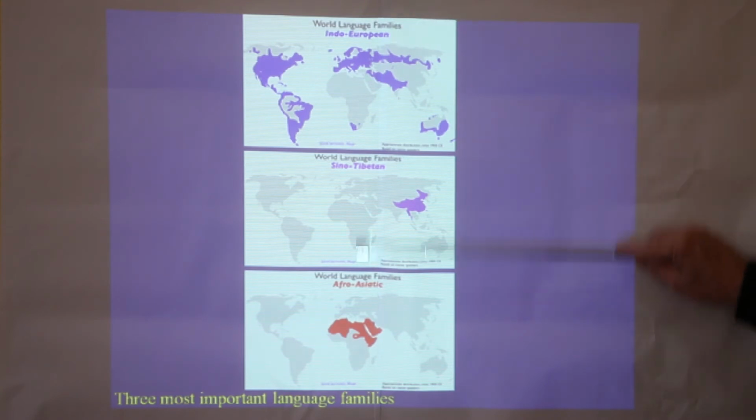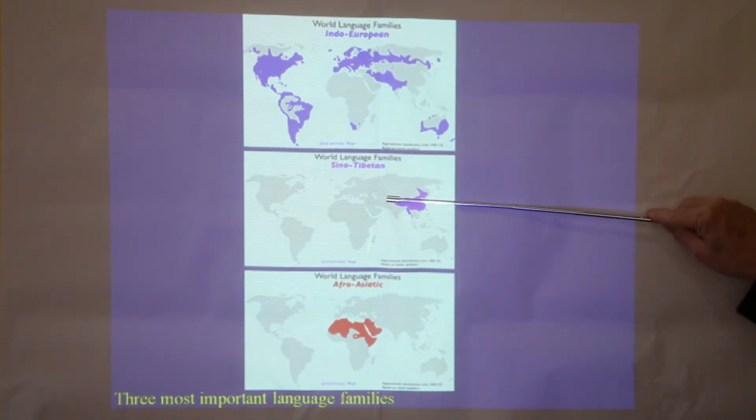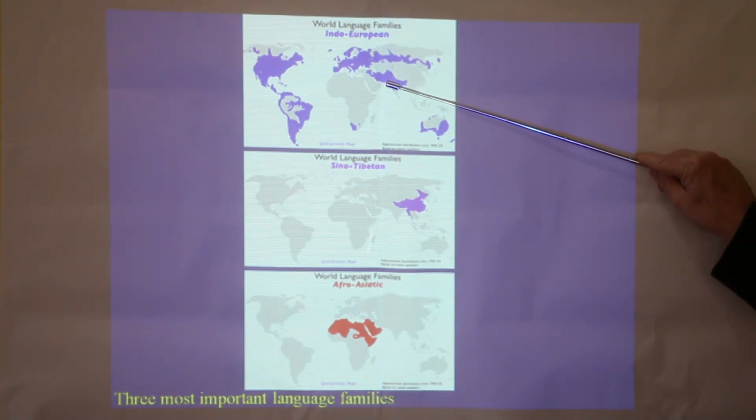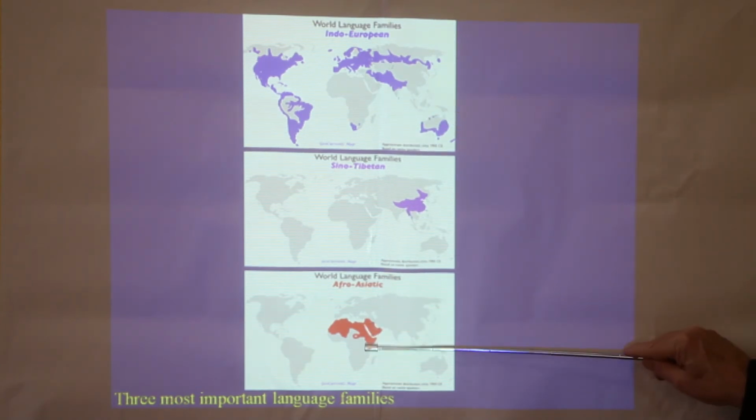Well, the big picture is that there are 10 to 15 world language families. There are only 3 important ones: Indo-European, Sino-Tibetan, Afro-Asiatic. Basically, this is the Sanskrit and Latin, this is Chinese, and this is Arabic, to simplify.